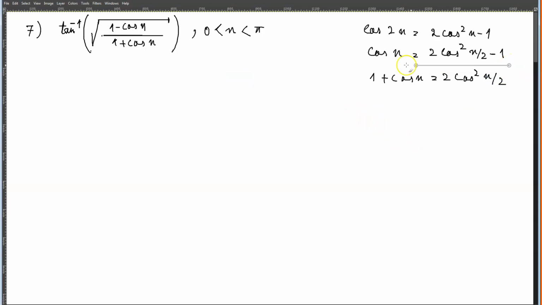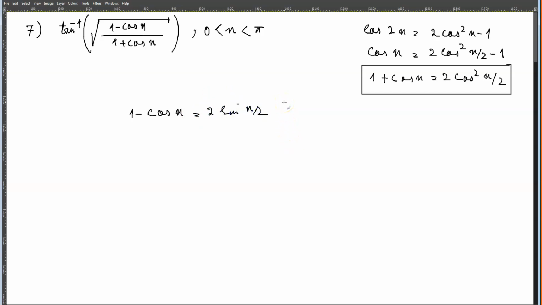Now I remember from a long time ago when I used to go to college that there was also something for 1 minus cos x. It so happens that 1 minus cos x is actually equal to 2 sine squared x by 2.